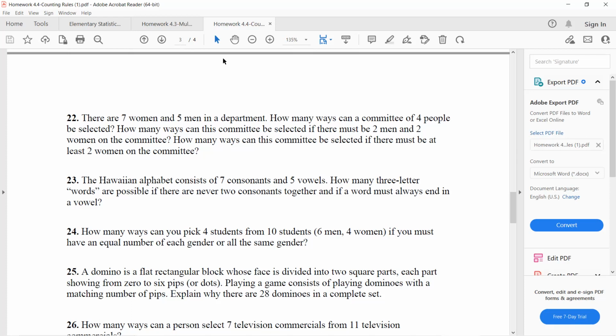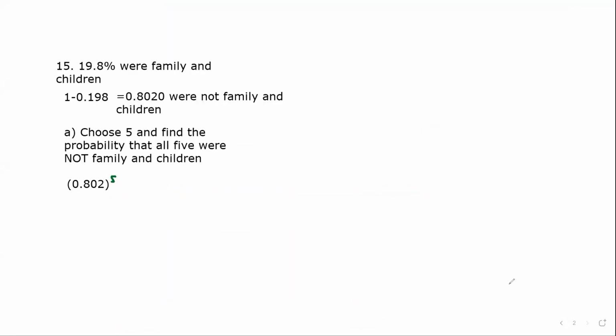So here, the first part is not all that bad. The first part's pretty straightforward. This is 4.4, number 22. All right. So we've got 7 women and 5 men in a department.